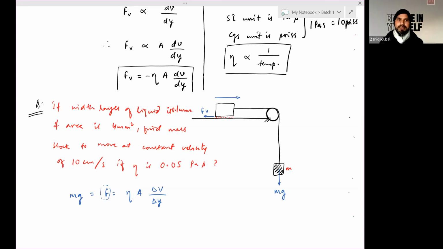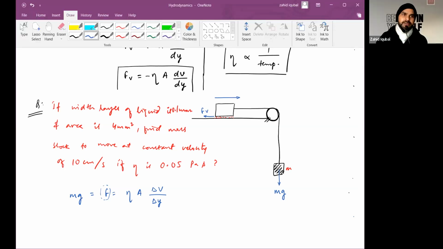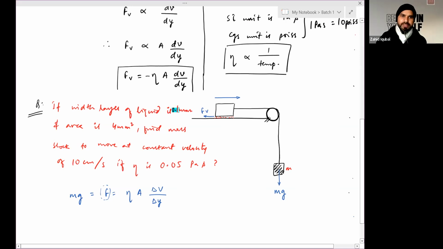Hamza, is it clear? Yes, sir. Okay, try to solve. Write each term in its SI unit. We have width 0.1 mm, area of cross section 4 mm square, speed, and coefficient of viscosity.